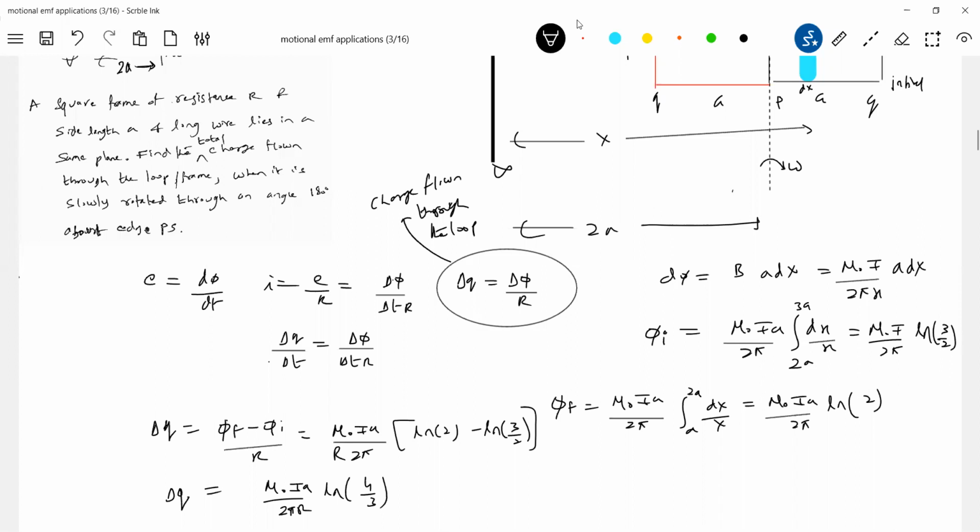Then d phi by dt, then current flowing. Then you'll get an expression for current at any time, then what charge has flown in that interval of time. That will be a very lengthy method, so I think this will be much easier for you. Even if I rotate the loop by 90 degrees, this is applicable. The calculation of flux is what matters here. This is a generalized formula. Please do remember, it is very useful for you.